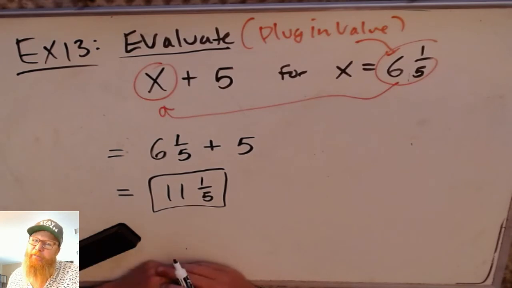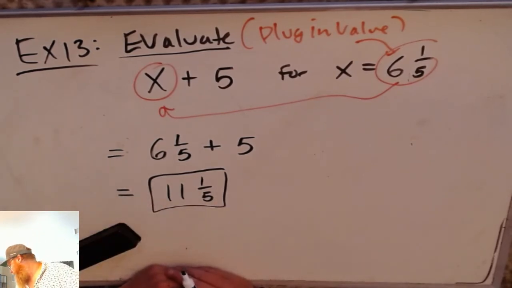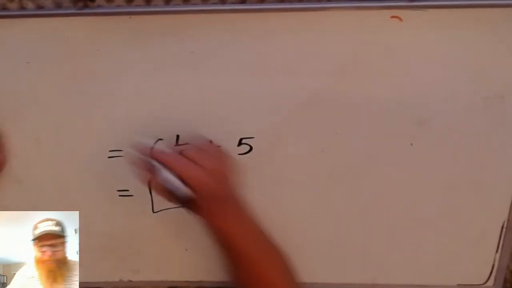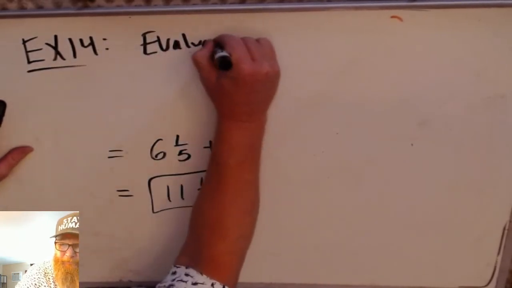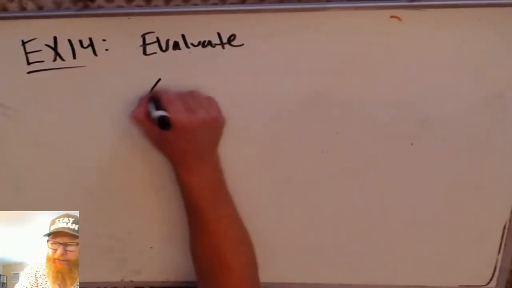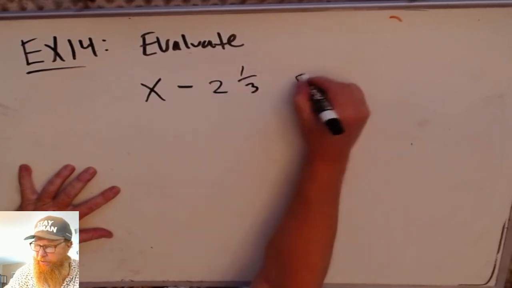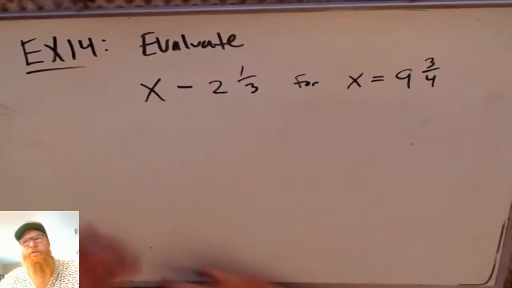Subtraction's a little tougher, but addition would be pretty much what you would expect. How about evaluate x minus 2 1/3 for x equals 9 3/4.